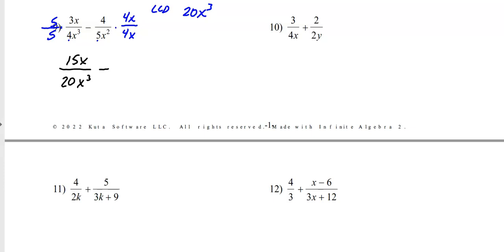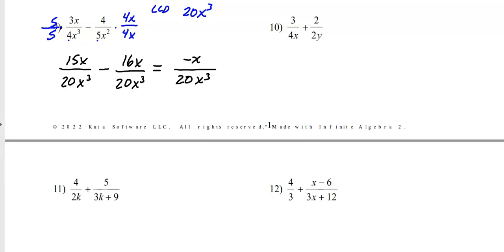And that's going to be takeaway. And over here, I'm going to get 16x over 20x to the third. Bottoms are the same, so I can just keep it the same. On top, 15x take away 16x, so that's a negative 1x, all over 20x to the third.